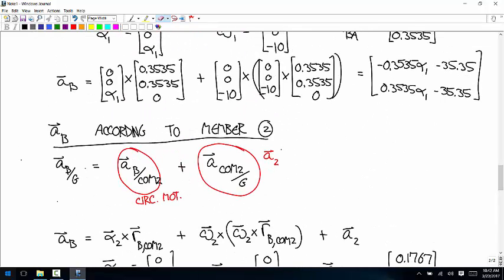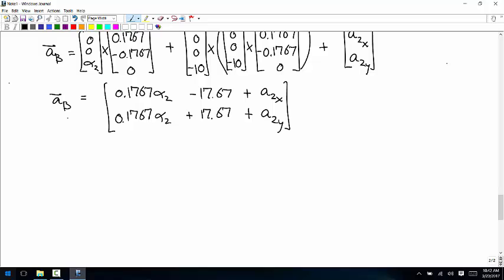So from the first one, we have negative 0.3535 alpha 1 minus 35.35 is equal to 0.1767 alpha 2 minus 17.67 plus A2x.